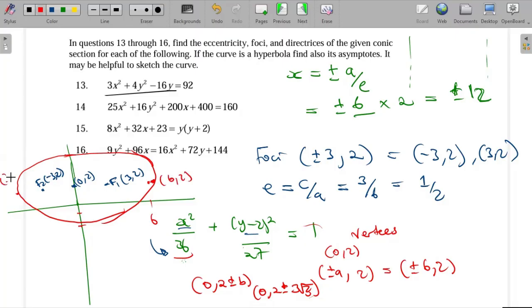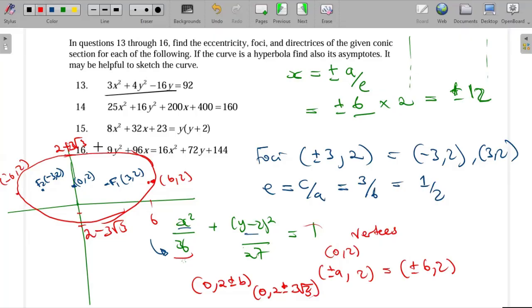There it is negative 6, comma 2. There where it's cut, it's 2 plus 3 root 3, and minus, not plus, because it's the negative region here, so 2 minus 3 root 3. That's how your sketch is going to look, something like that.